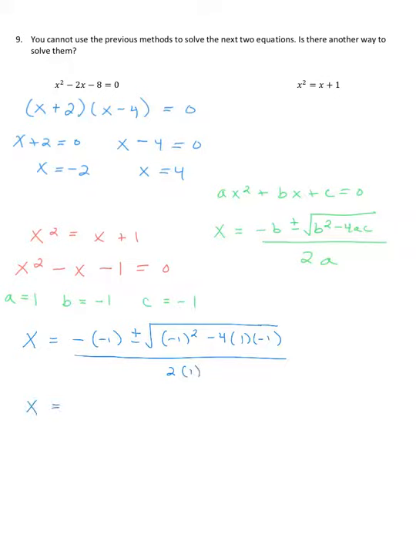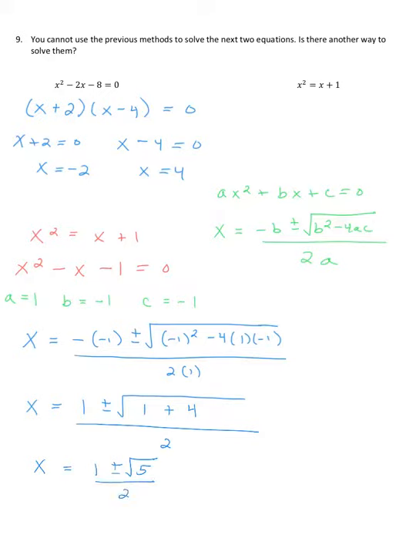And I'll carefully simplify it. So negative negative 1 is 1 plus or minus the square root of, okay, that's going to be 1 plus negative times a negative is a positive 4, so that's 1 plus 4 all over 2. If I continue, I get 1 plus or minus the square root of 5 over 2.